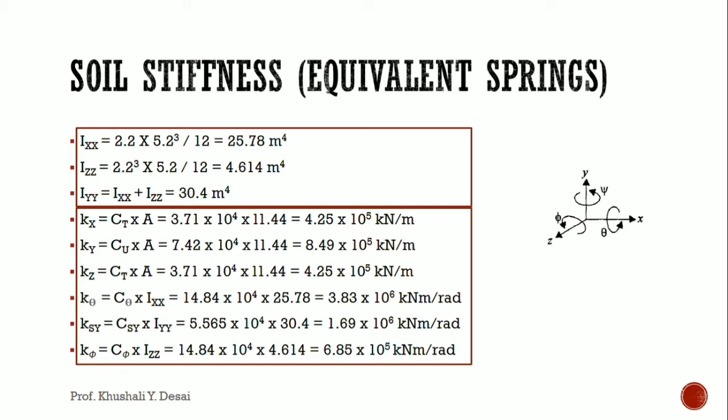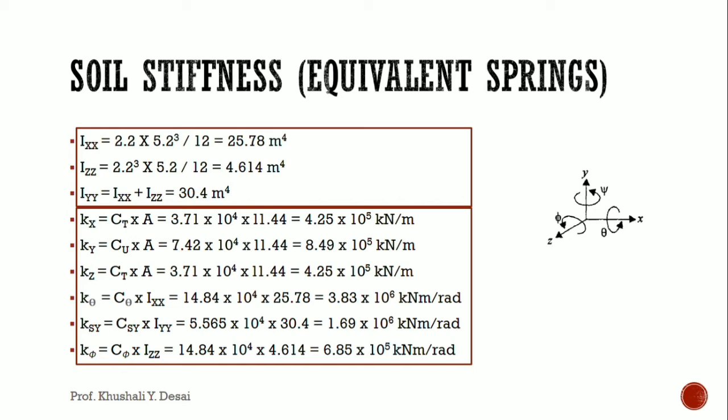So if we are aiming at finding the natural frequencies, as you already know, natural frequency is nothing but under root K by M, or stiffness upon mass. When you talk about stiffness, that stiffness is translational when we have the corresponding mass.